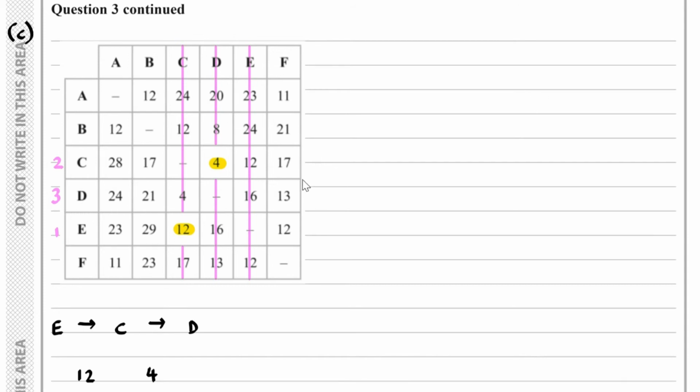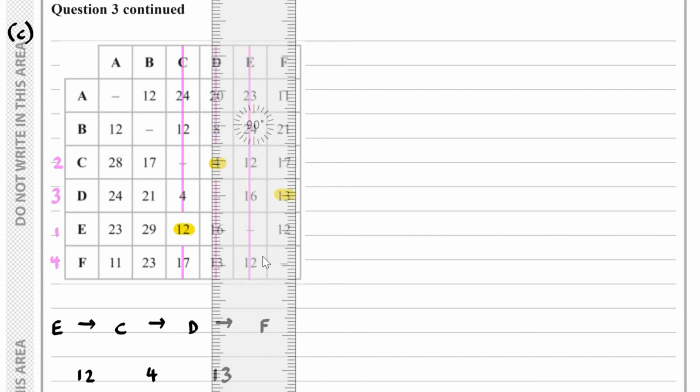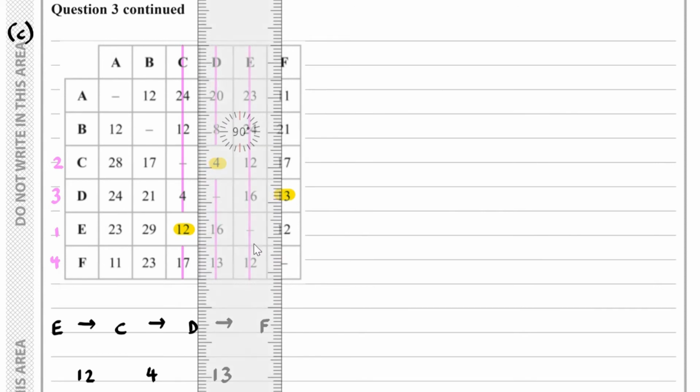So, reading across from D, we see the smallest one is the 13. And that takes us up to F. So now we are at F, so we place a number 4 where F is, and then we will delete the entire column of F as we see here.